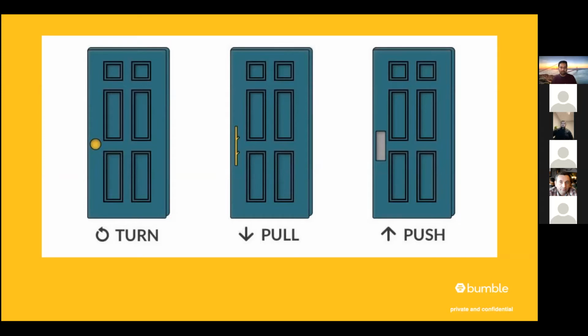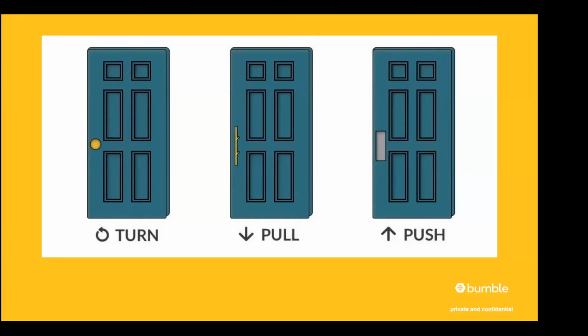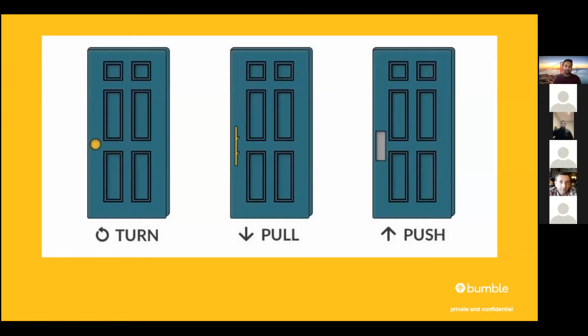A classic example: are we building the right product versus are we building the product right? This is quite similar to what versus how. I also encountered a similar problem when I was looking at the tests at Bumble, and that's where the story started.